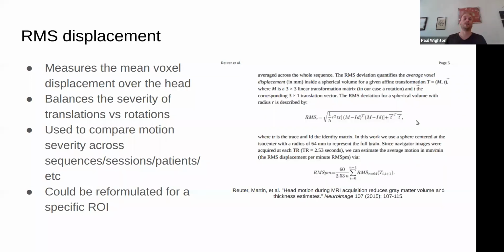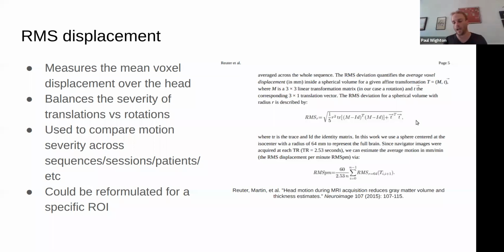So one is RMS displacement, the root mean square displacement. This is a way to compare the severity of types of motion. Motions are 6 parameters: 3 translations and 3 rotations. Let's say you have 2 subjects, and one is breathing heavily or moving their feet, so they're translating in Z, and the other is rotating their head.